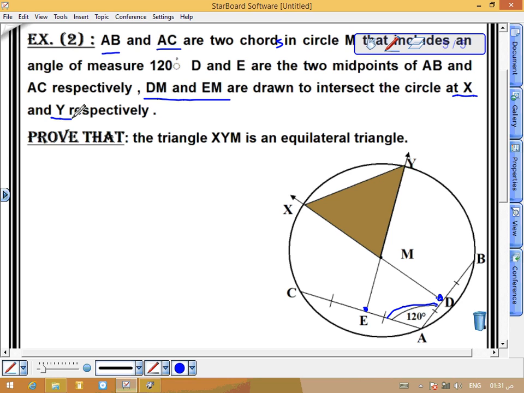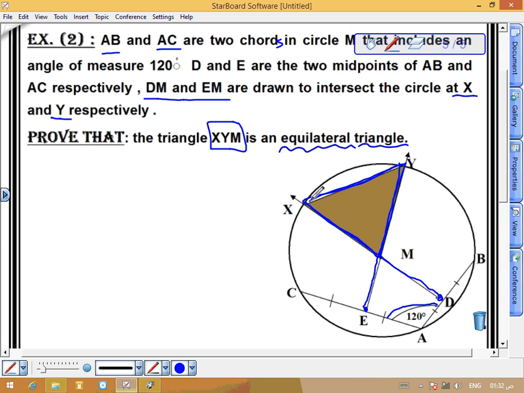We have that DM intersects the circle at X and EM intersects the circle at Y. The required here is to prove that the triangle XYM is an equilateral triangle.